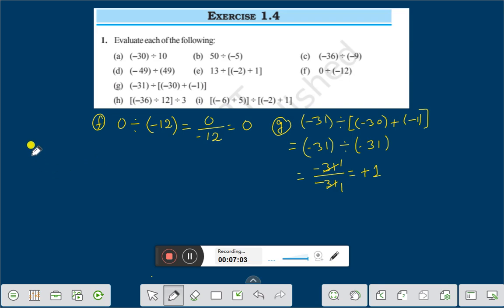Now H, how do you find H? H is, in bracket, minus 36 divided by 12, divided by 3. What are you getting, you see? That is minus 36 by 12 divided by 3.